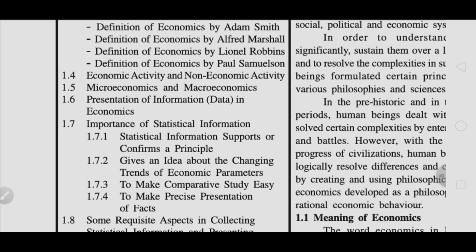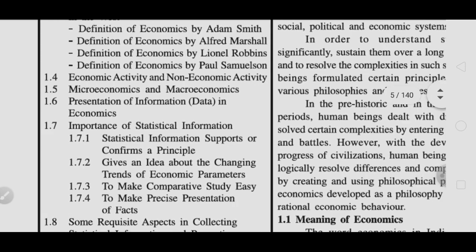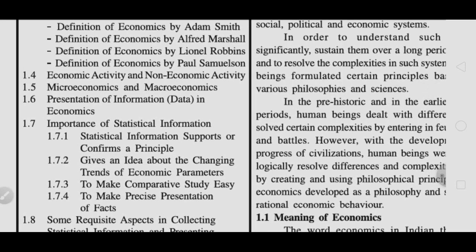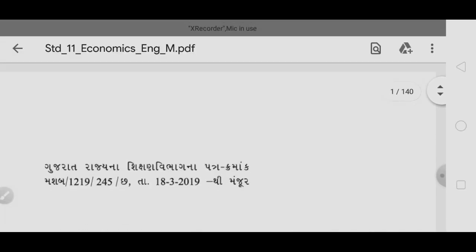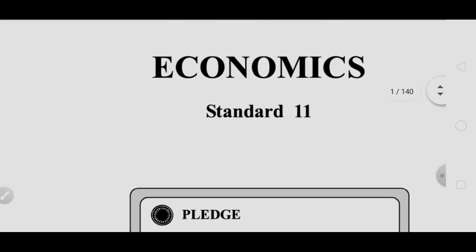The last 5 chapters, that is chapters 7, 8, 9, 10 and 11, are from the point of view of macroeconomics, so our economics is divided into two parts. So this is the total glimpse of the subject, economics.